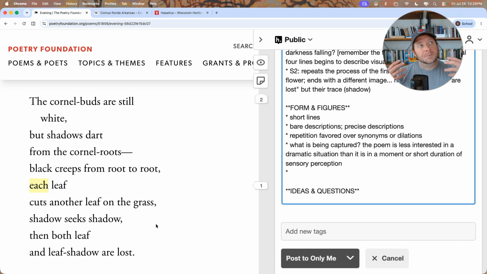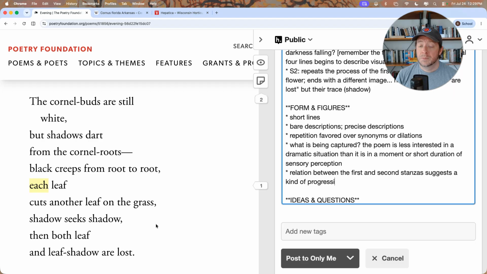So you have a singular vision the poem might be attempting to express, but you also have a potential double vision. The relation between the first and second stanzas suggests a kind of progression, or an implicit state of thoughtfulness that's on the verge of responding to a double loss, right?